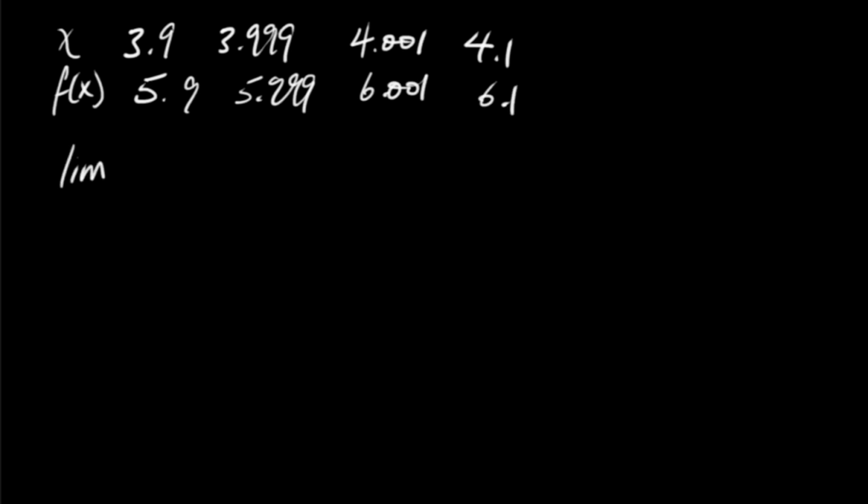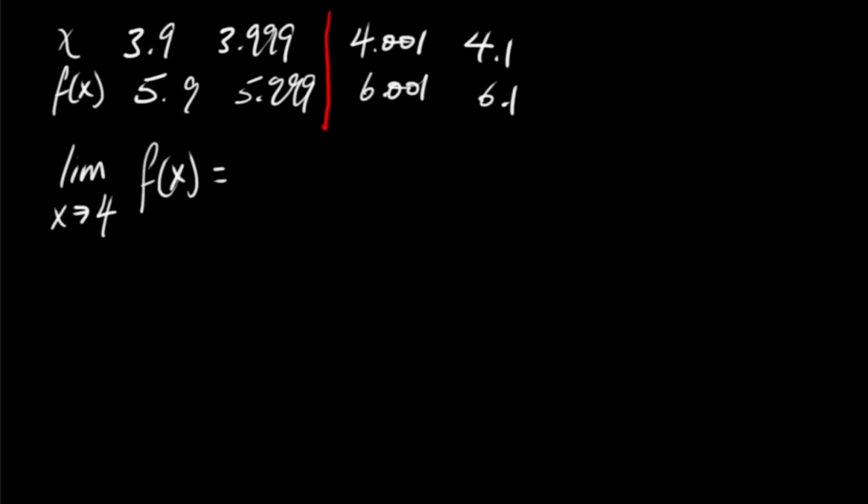Now how can we find the limit as x approaches 4 of f of x? We're going to look onto this graph. 4 resides in between here, right? I'm going to use a different color. 4 resides right there. So now we're trying to look at the numbers. We're going from 3.999 to 4.001.